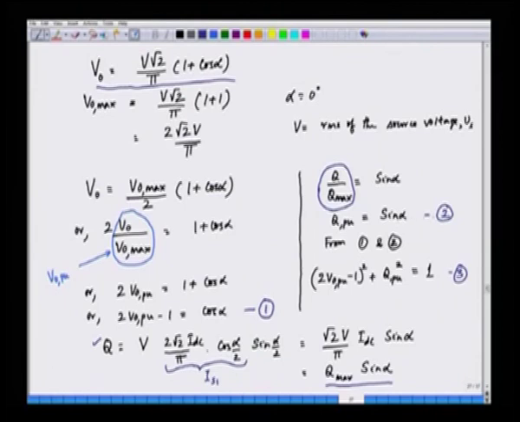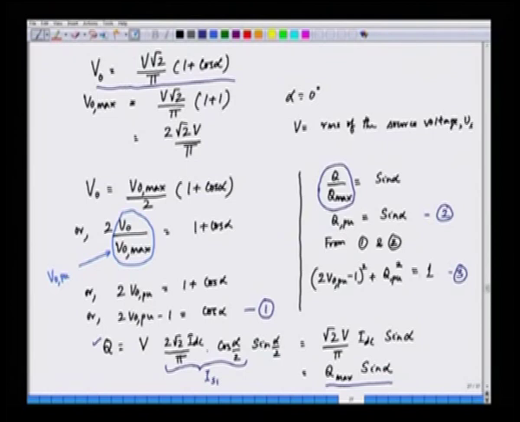So, we have the second equation, that is Q per unit is sin alpha, and from the first and second equation, the first equation gives cos alpha, the second equation gives sin alpha, and from these two equations we can write this cos square alpha plus sin square alpha equal to 1. So, we get this third equation, 2 V naught per unit minus 1 square plus Q per unit square, that is equal to 1.